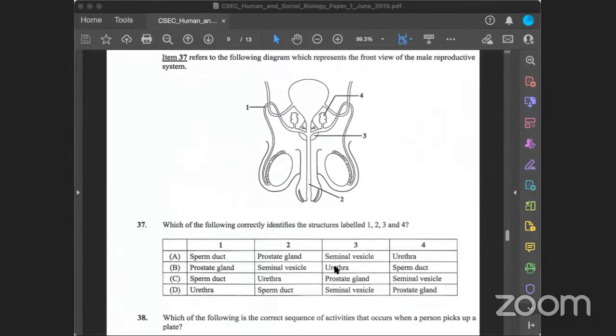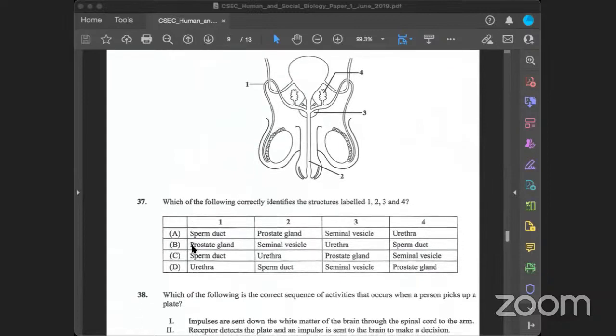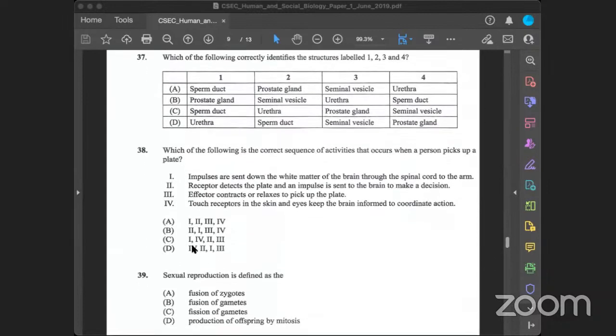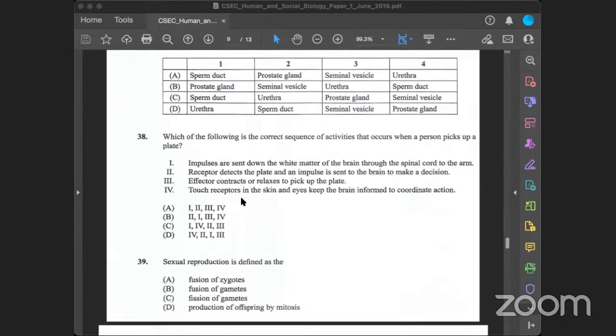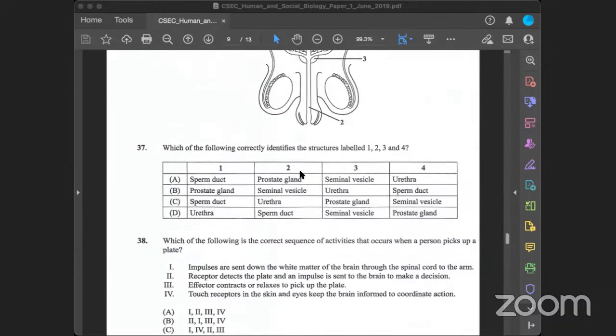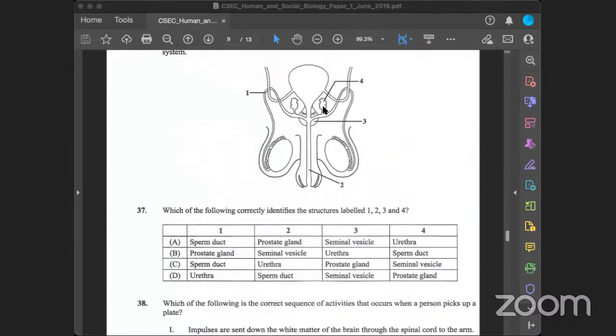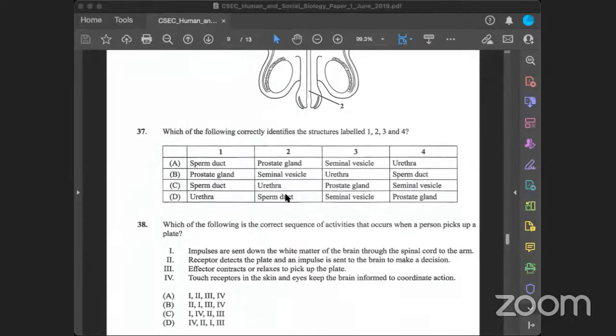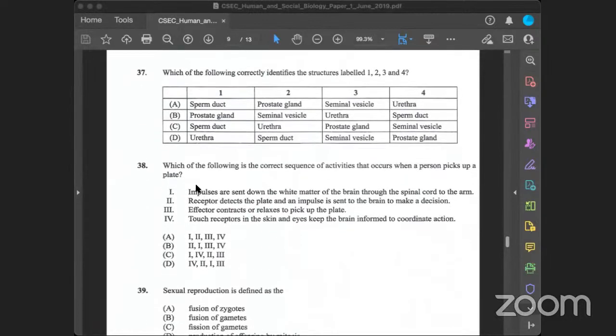Yeah, 3 would be the prostate. That's correct. And seminal vesicle at 4. Good. Everybody's there? So 4 is a seminal vesicle. Just go back to me, please. For the prostate. 38. Somebody read that one there for us.